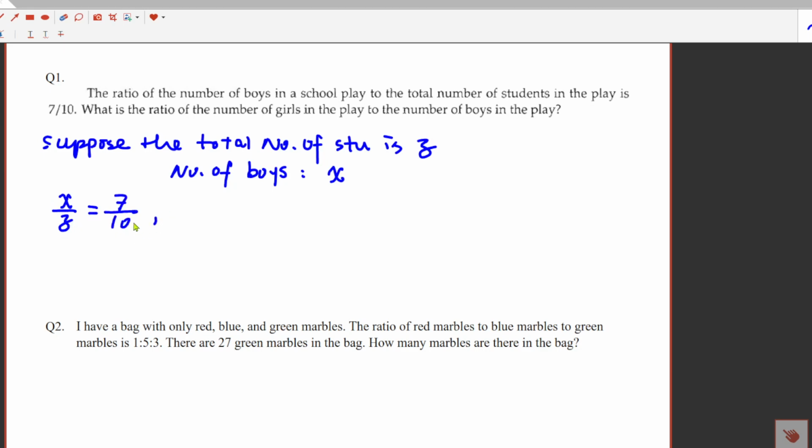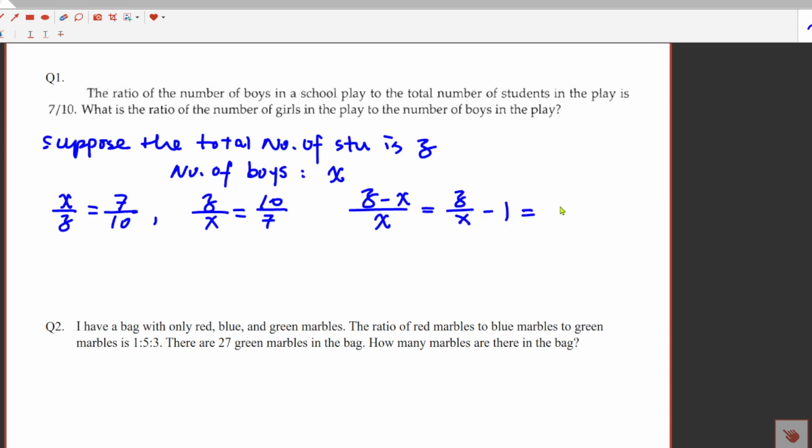And this gives us Z over X equals 10 over 7. And we need Z minus X over X, right? This is the ratio of girls to boys. And this gives us Z over X minus 1.